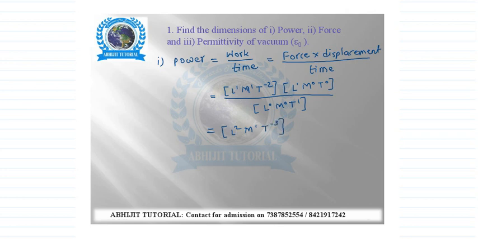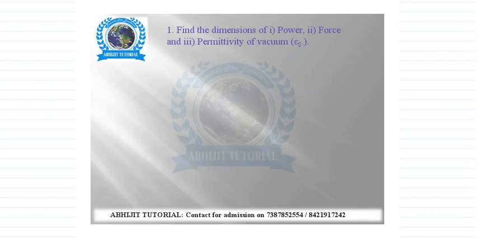Hence the dimensions of power can be expressed as L2, M1, and T minus 3. So this is for the power. Now in the next slide we will discuss the dimensions of force, which we have directly used here.